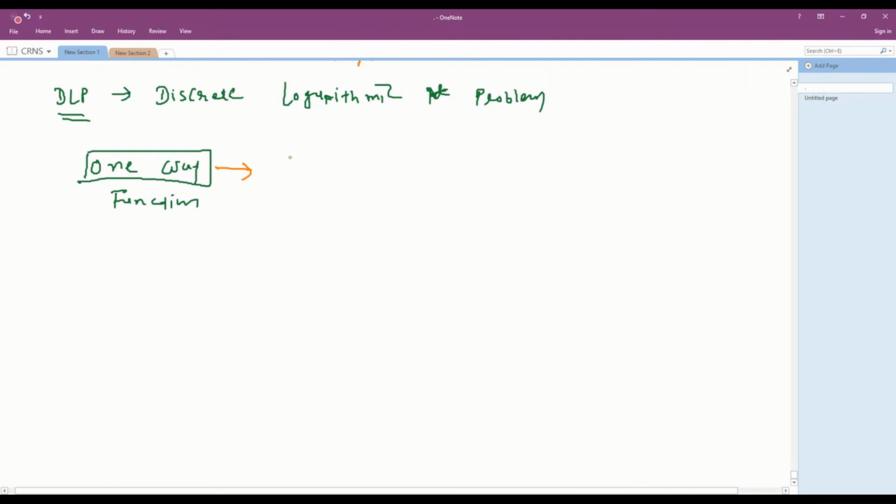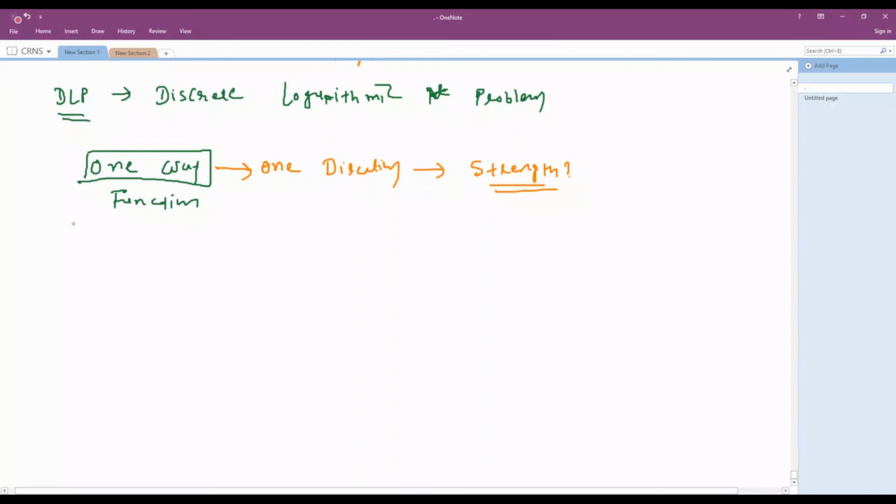So can you justify what is the strength of this one-way function? What will happen if we apply one-way in our crypto system? It cannot be reversed. The procedure cannot be reversed, right? So that's the strength of the one-way function.